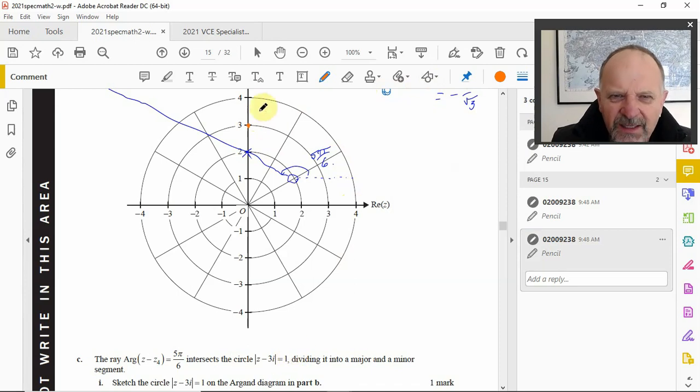And its radius is 1. So what we've got is we've got this circle going around like so. And my circle is very wonky there, but anyway, we'll cope with that in a minute.